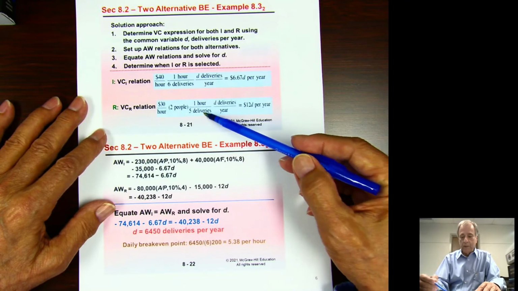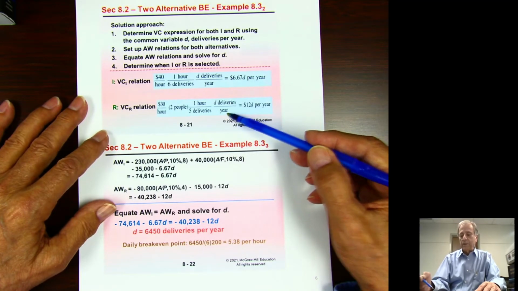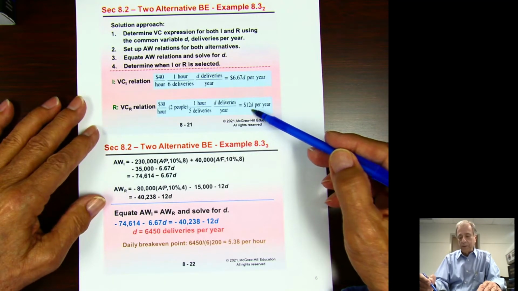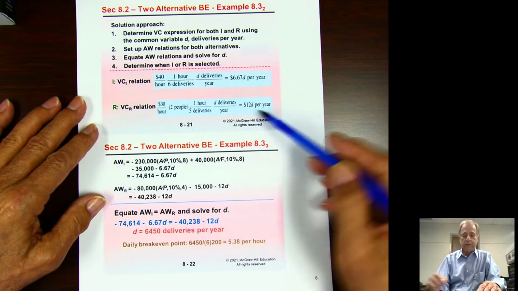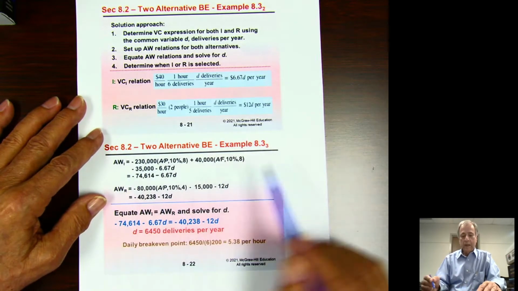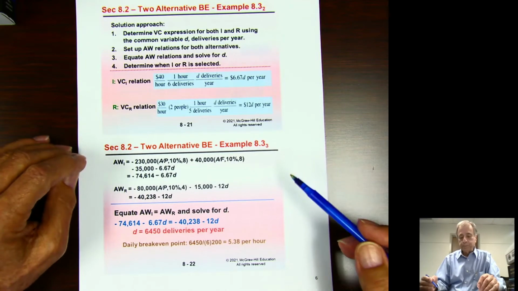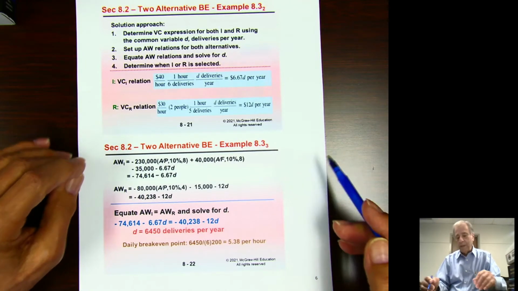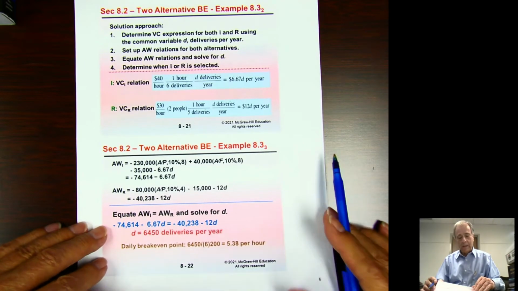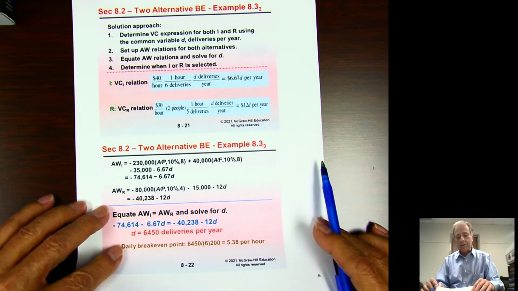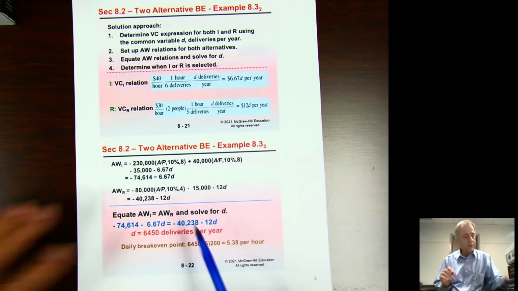So times D deliveries per year, and you get 12D per year for the variable cost of the Rapida option. And then you set the annual worths of these two things equal to one another.